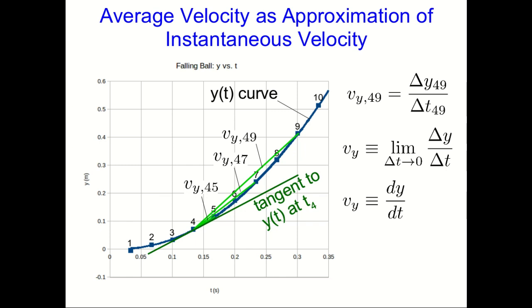That new function that gives us the slope is called the derivative. You'll learn how to take the derivative in calculus. For now, all you need to know in physics is that when I write that derivative, dy by dt, it just means the slope of a tangent line to the y versus t graph.